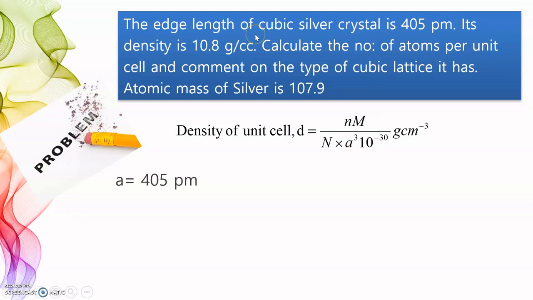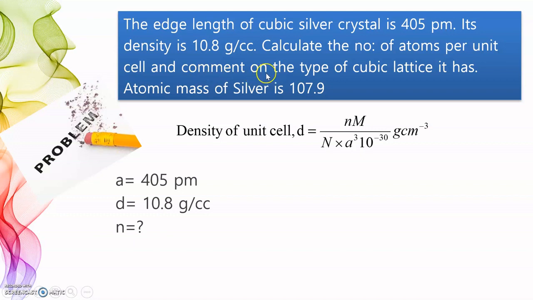The edge length, that is a, is given as 405 picometer. Density of the unit cell is 10.8 grams per cc. You are required to calculate the number of atoms per unit cell, that is, you have to find out the value of small n.